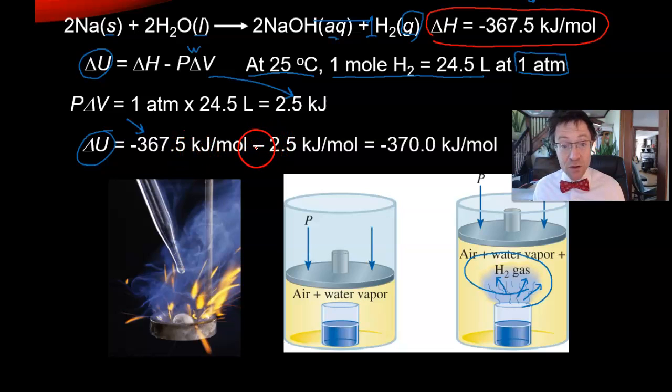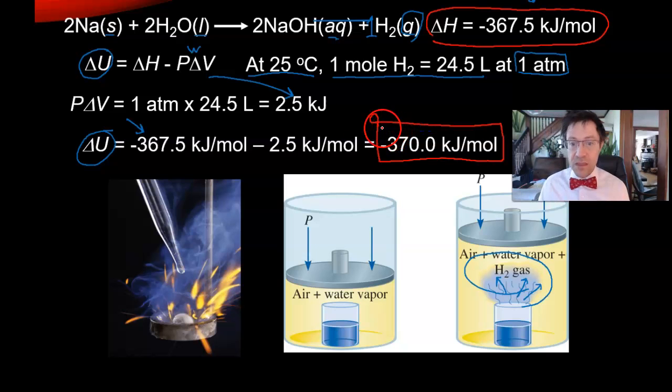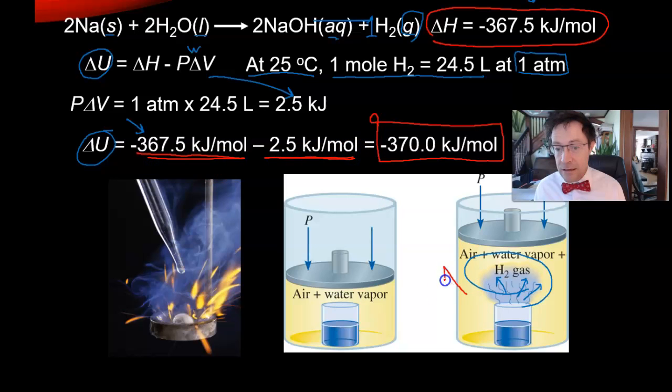But it's going to have to lose also 2.5 kilojoules, so that means that the whole kit and caboodle altogether is going to be minus 370 kilojoules per mole, because it's going to lose energy from the reaction, and it's going to lose energy because it had to expand and do work on the atmosphere, on its surroundings. You guys follow me with that one?